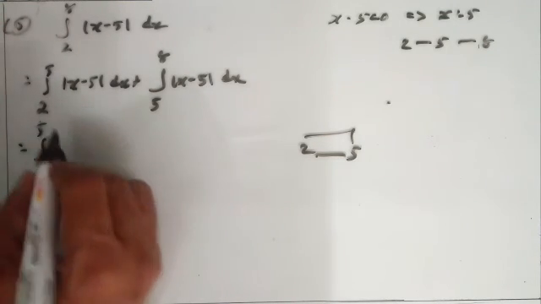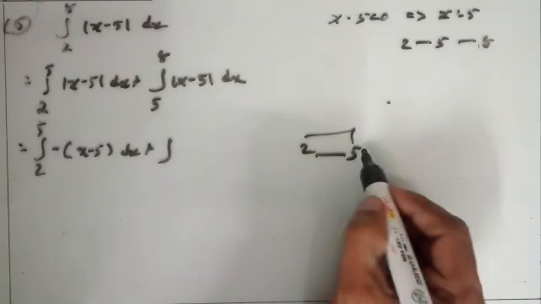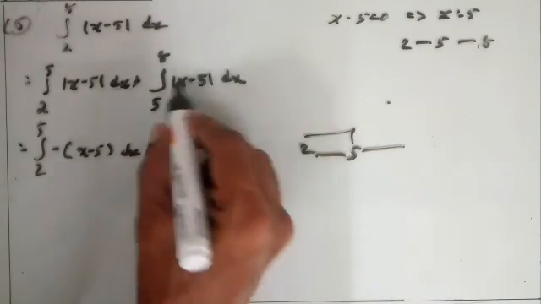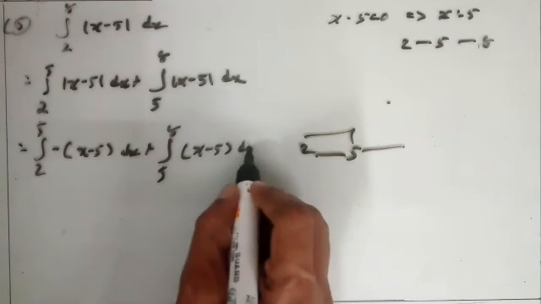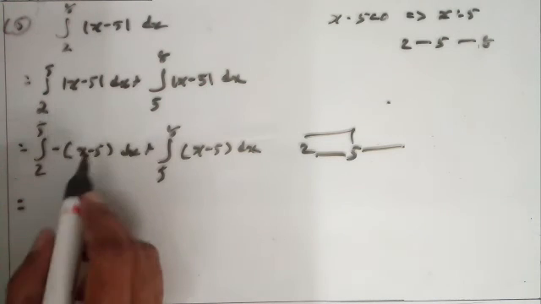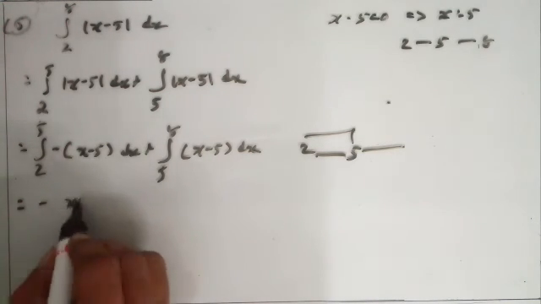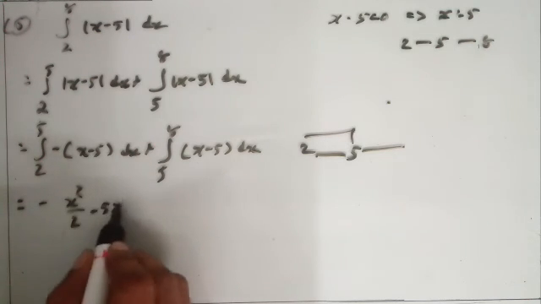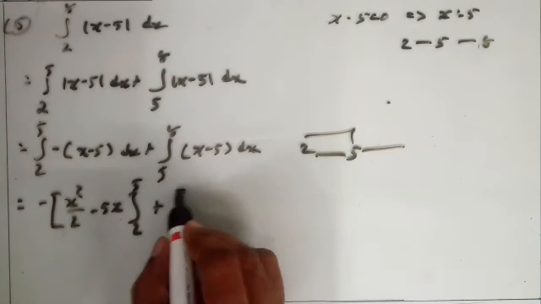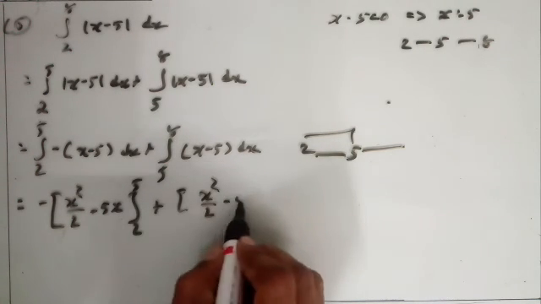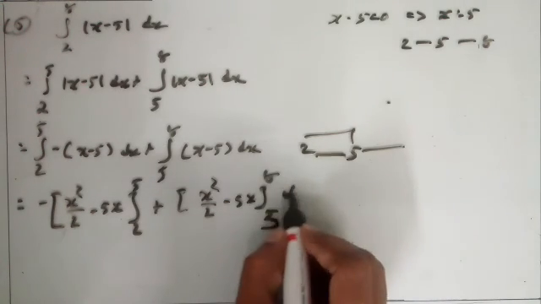So integral 2 to 5 of minus x minus 5 dx, plus for x greater than 5 this becomes positive, so integral 2 to 8 of x minus 5 dx. Okay, now get integration. Integration of x minus 5 is x square upon 2 minus 5x, with limit 2 to 5, plus the same here, x square upon 2 minus 5x from 5 to 8.